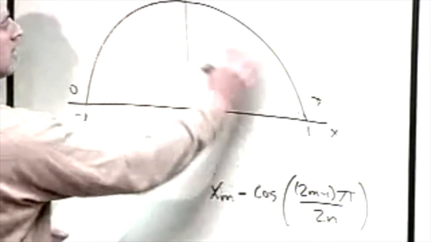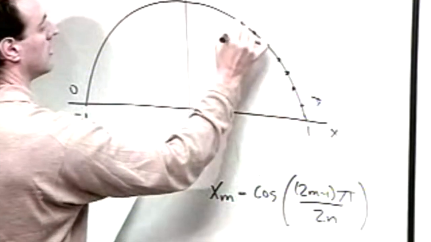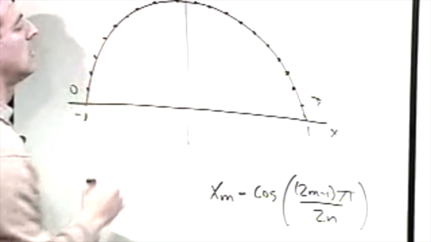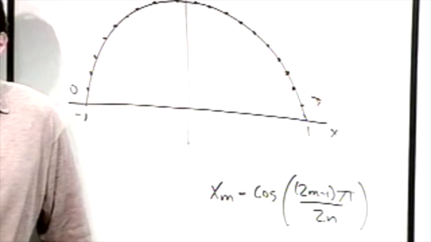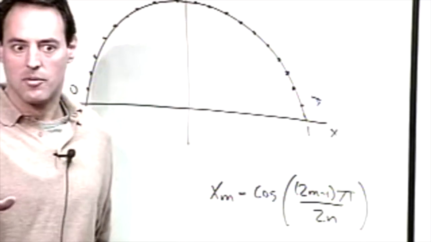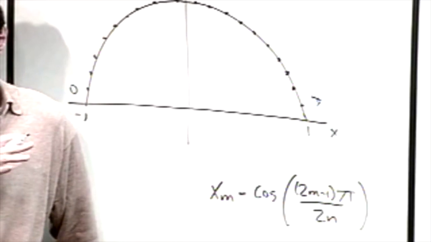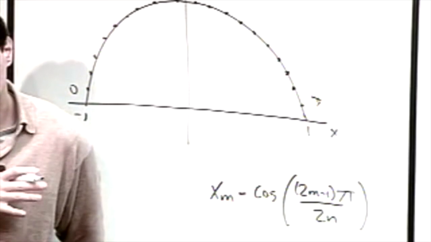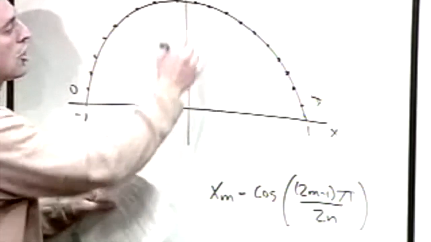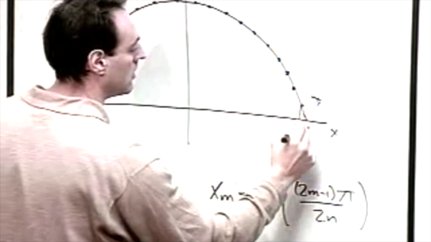So think about, this is your theta, this is a projection of it, and you're breaking up to a bunch of evenly spaced points. But you're solving in theta because you want to use a discrete cosine transformation. But wait a minute. When you come back to x, what does it say about x? How are the points distributed in x? So the reason I drew it this way is because you project this down to the x-axis. And what do you get?